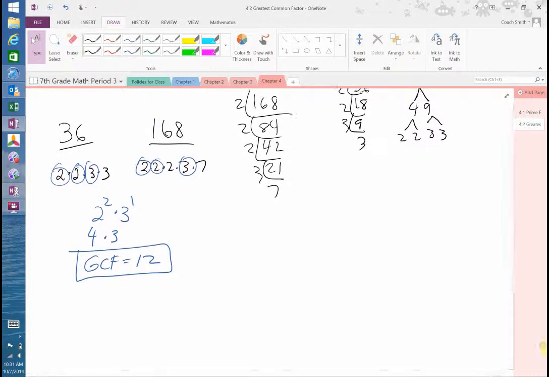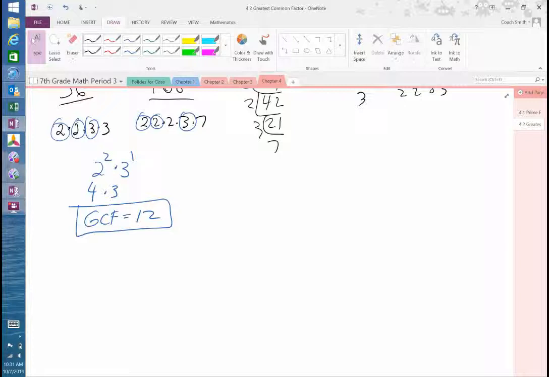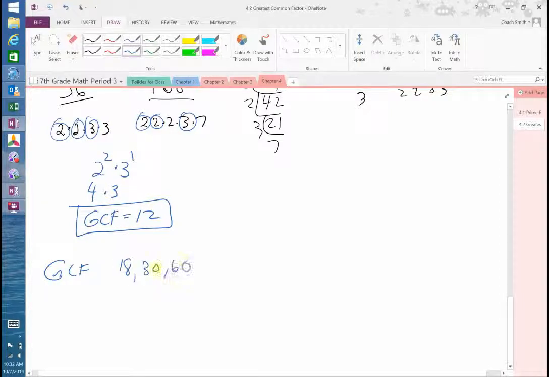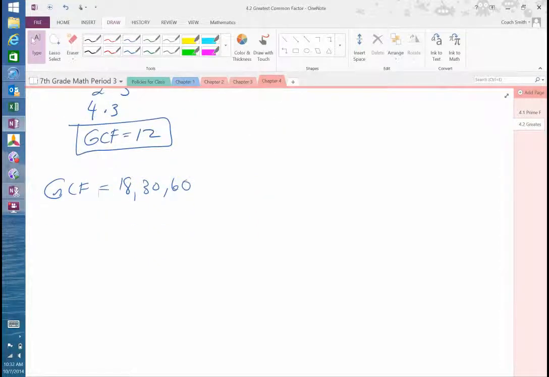Okay? Now, it doesn't change if I get 3 numbers. So, for example, if I want the GCF of 18, 30, and 60. I do the same thing.